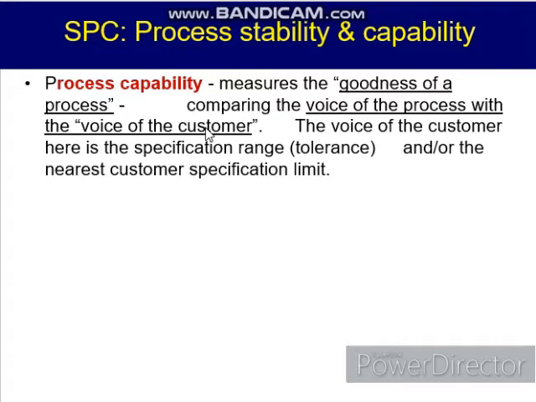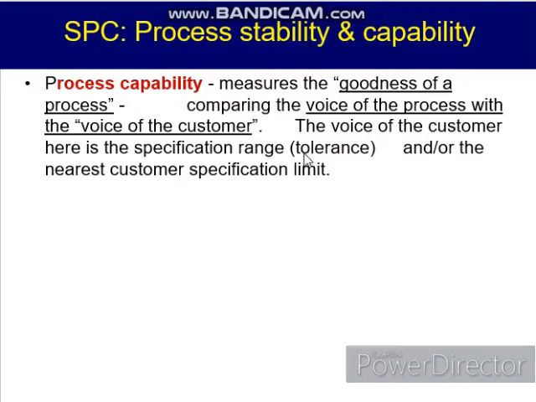To ascertain the capability of the process, you have to compare the voice of the process, which is the data that we collected on the length of the pencil just now, to the specification range dictated and specified by the customer.